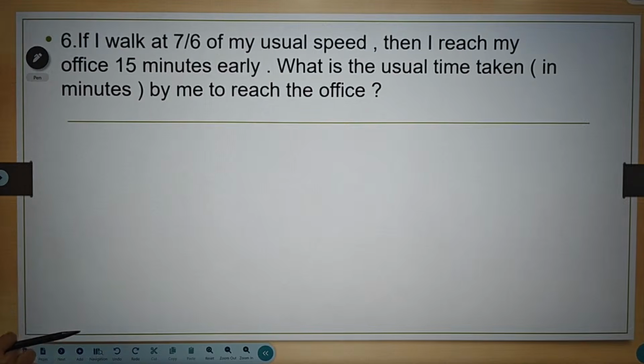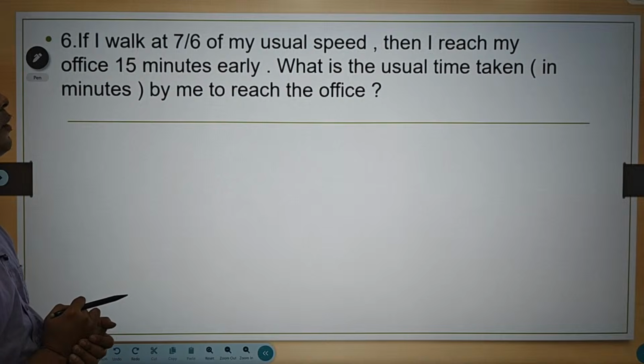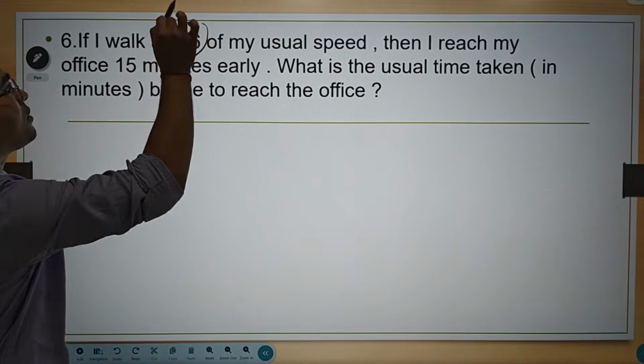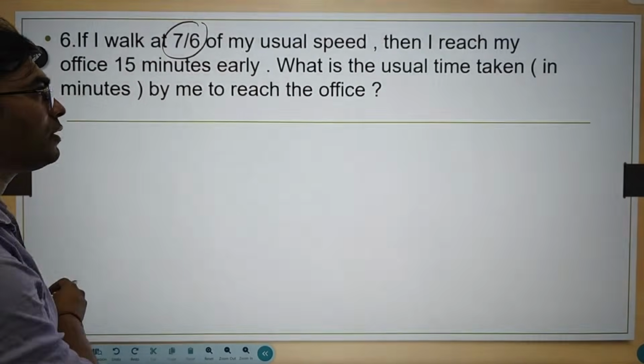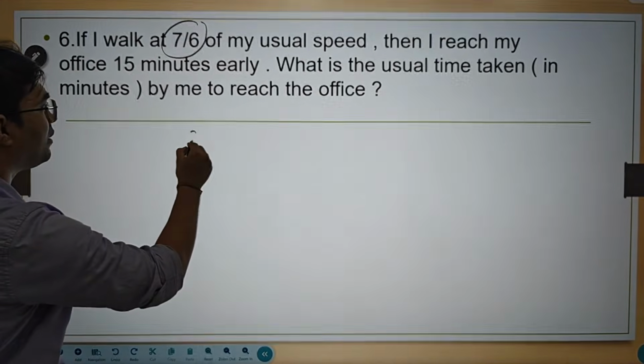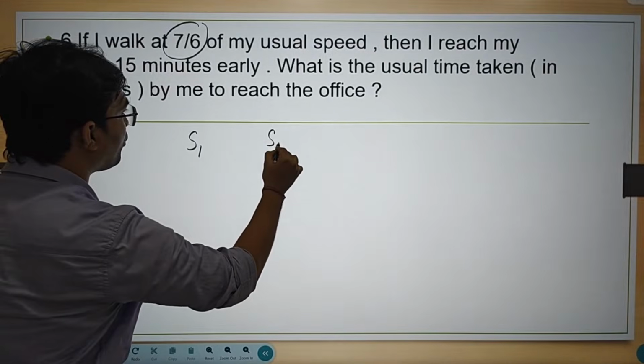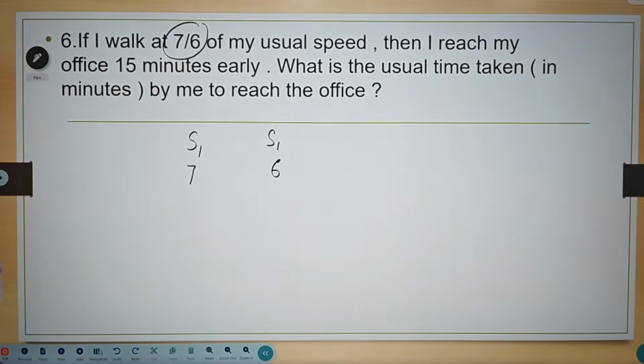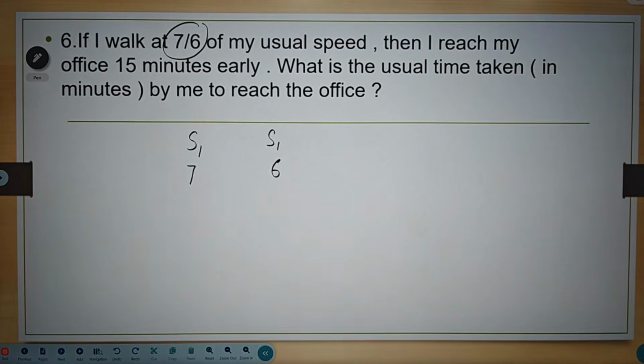Right. If I walk 7 by 6 of my usual speed, then I reach my office 15 minutes late. What is the usual time taken by me to reach the office? Fine. So what is given? What is the first case? If I walk 7 by 6 of my usual speed, can I say that speed is given in the form of 7 is to 6?